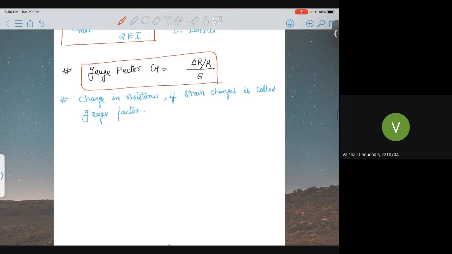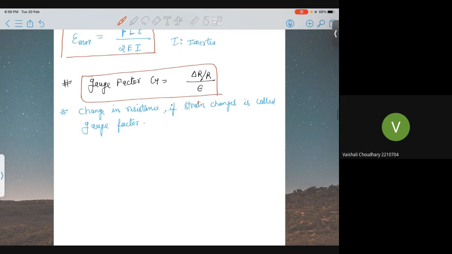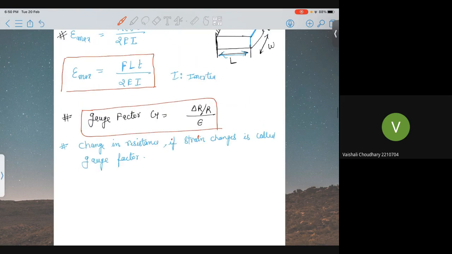So we can calculate the gauge factor, right?